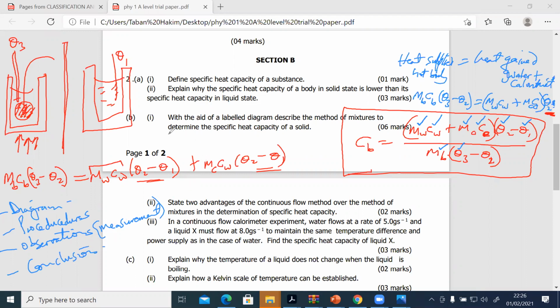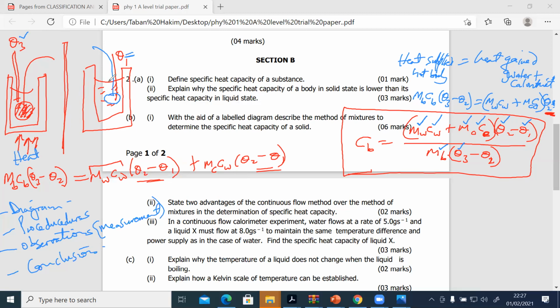So this is what you were supposed to do. Heat a solid in boiling water up to a temperature theta 3. Then remove it and transfer it quickly, shaking off the water, into water in another calorimeter of known heat capacity, MC, and of known initial temperature theta 1. You can just phrase it in any way that you want.